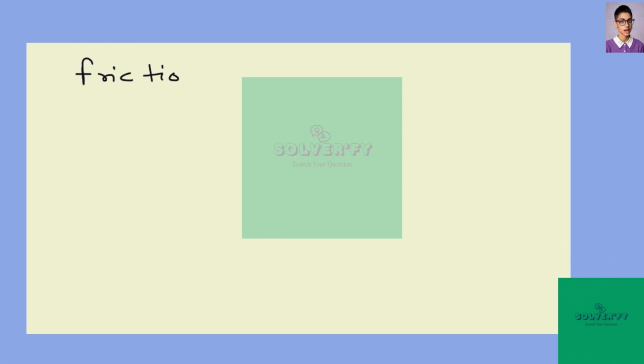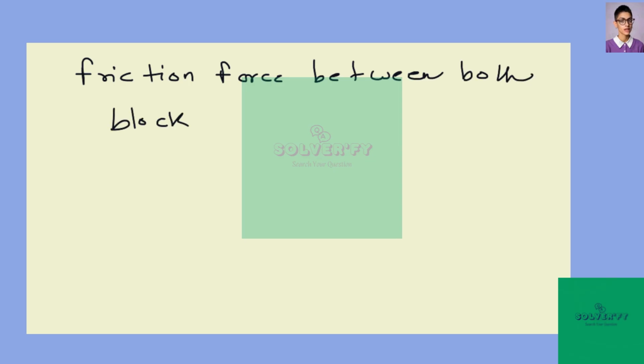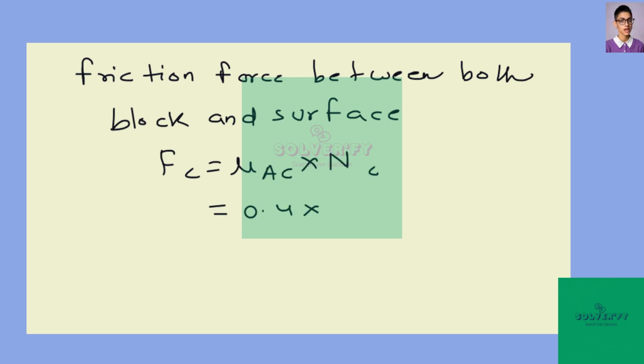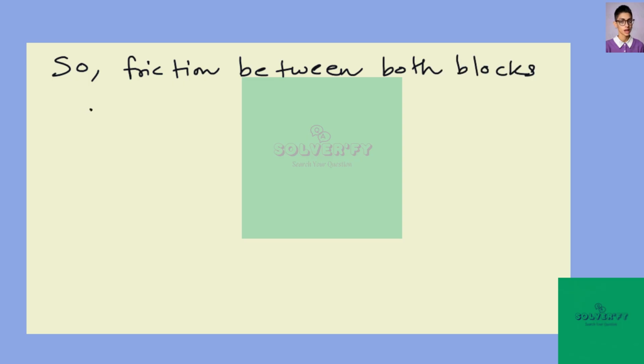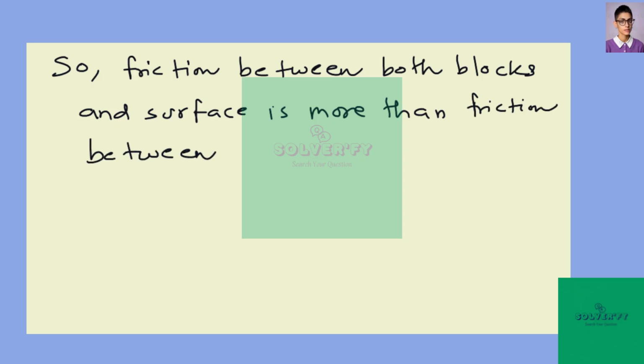Now frictional force between both block and surface FC is equal to mu AC into NC is equal to 0.4 into 80 is equal to 32 lb. As FC is greater than FB, so friction between both block and surface is more than friction between them.